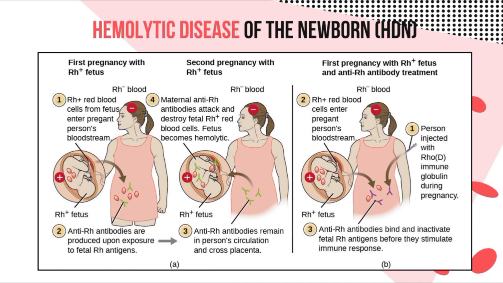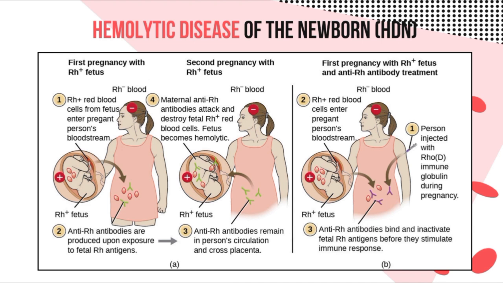However, the second pregnancy with an RH positive baby with the same mother can now lead to the hemolytic disease of the newborn, or HDN, because the anti-RH antibodies that were produced by the mother's immune system during the first pregnancy are already circulating in the mother's bloodstream.